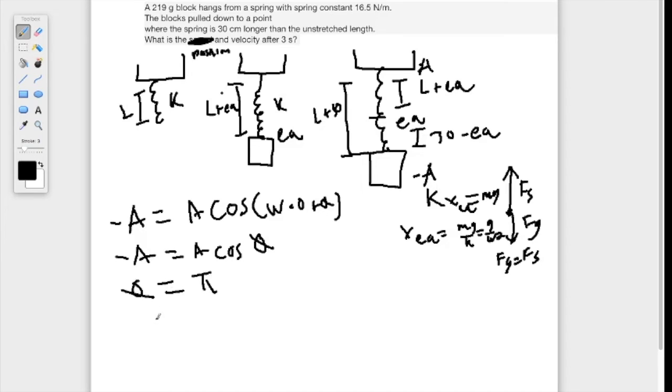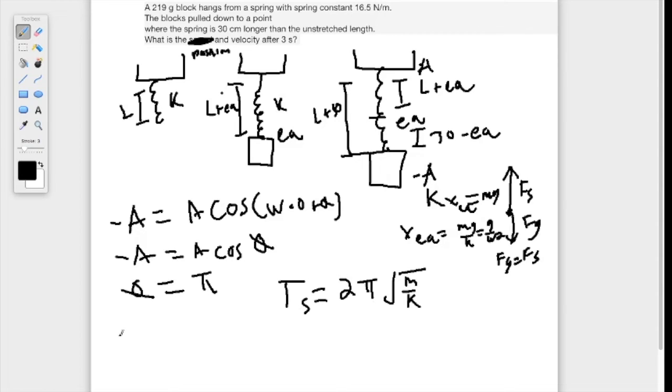So yeah, now we should actually find the angular frequency, and we're given enough information to do that. So we're going to use the equation for the period of the spring, T equals 2 pi times the radical of m over k. So whatever value you get.